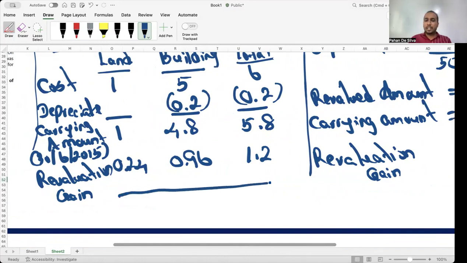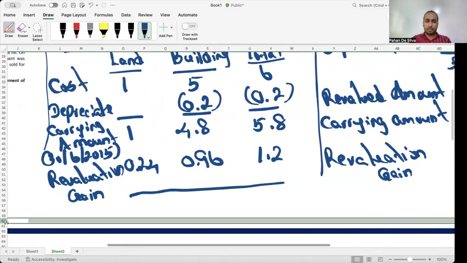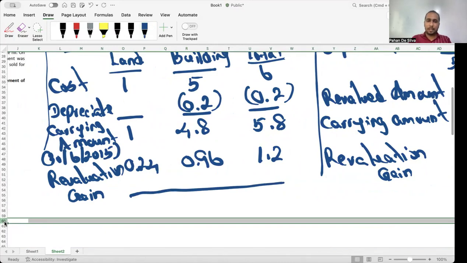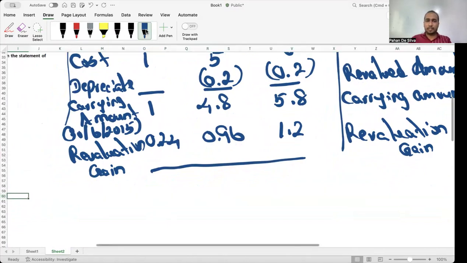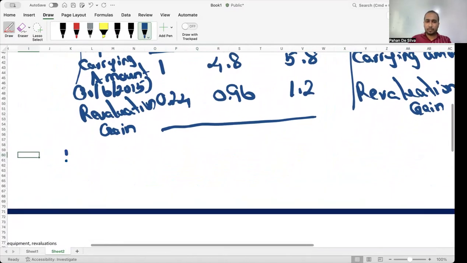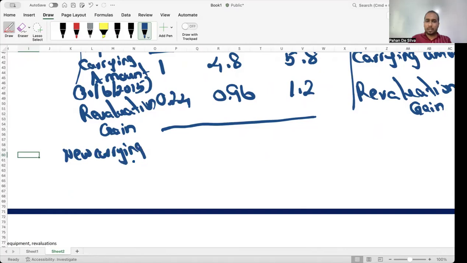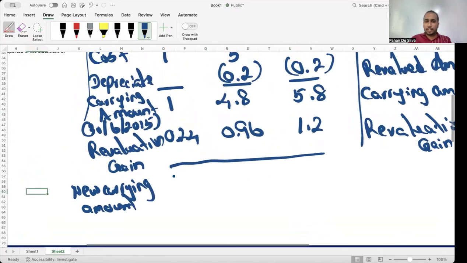Now you can take the new carrying amount of this property. The new carrying amount is how much? When it comes to land, it is 1.24. When it comes to building, it is 4.8 plus 0.96.